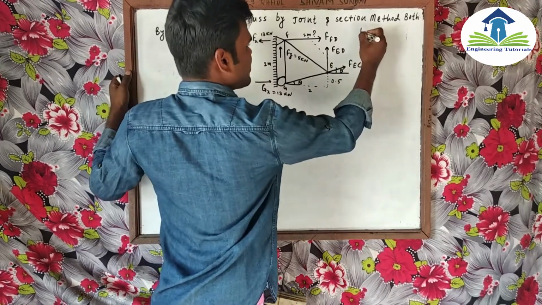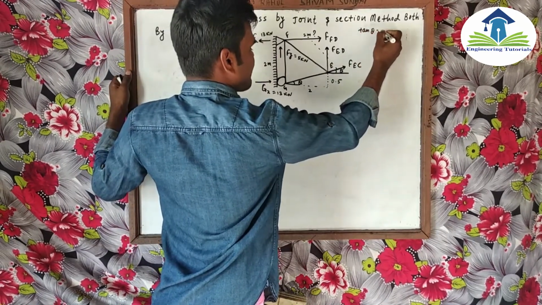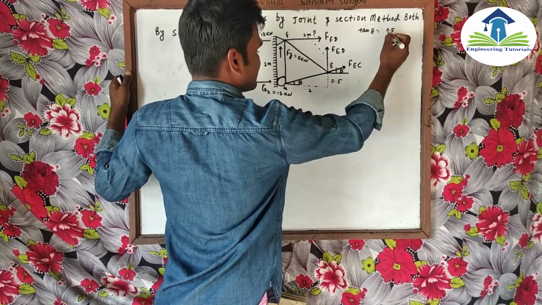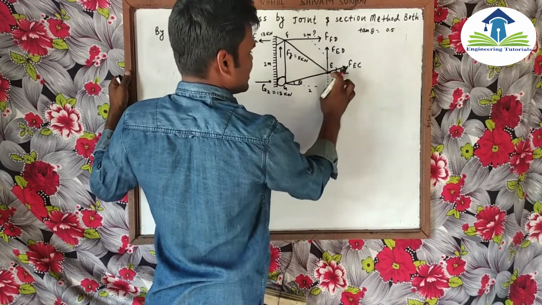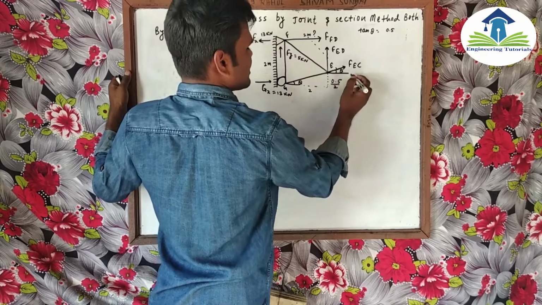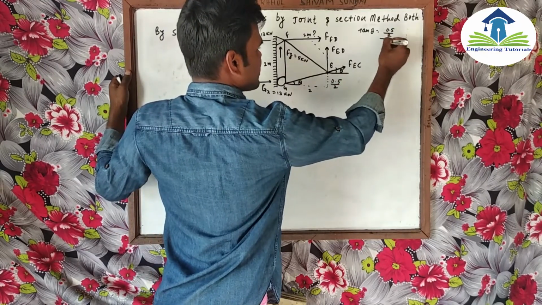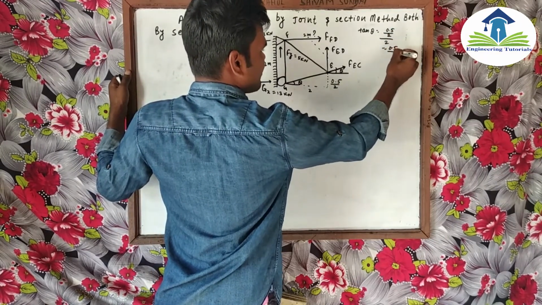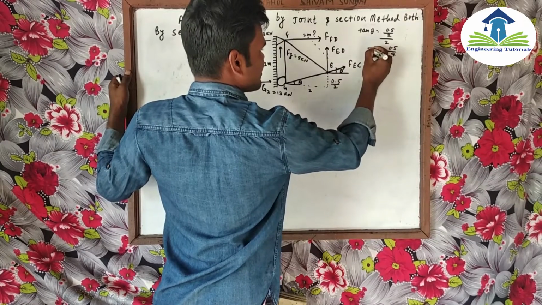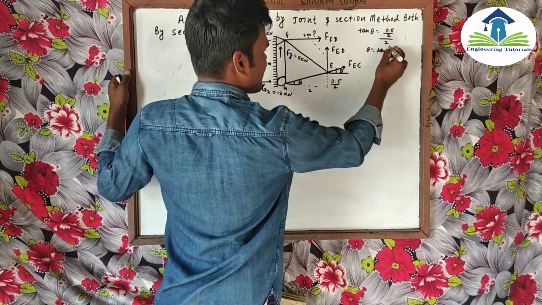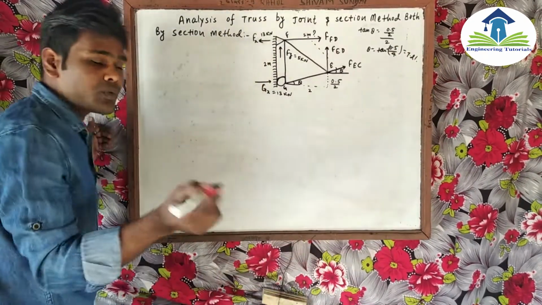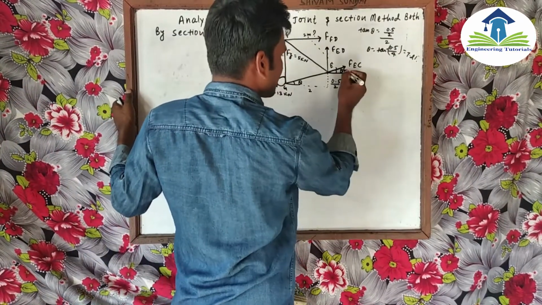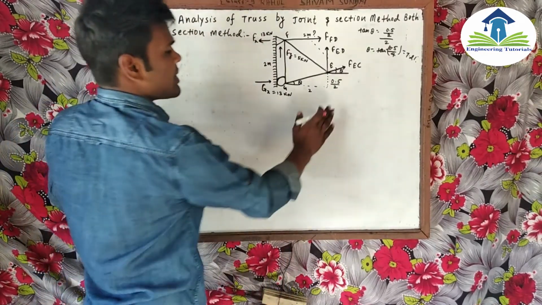So if we calculate the value of theta, 0.5 divided by 2 divided by 2, so 0.5 by 4, theta is tan inverse, which means the value is 7.21 degree. This theta value is 7.21 degree.